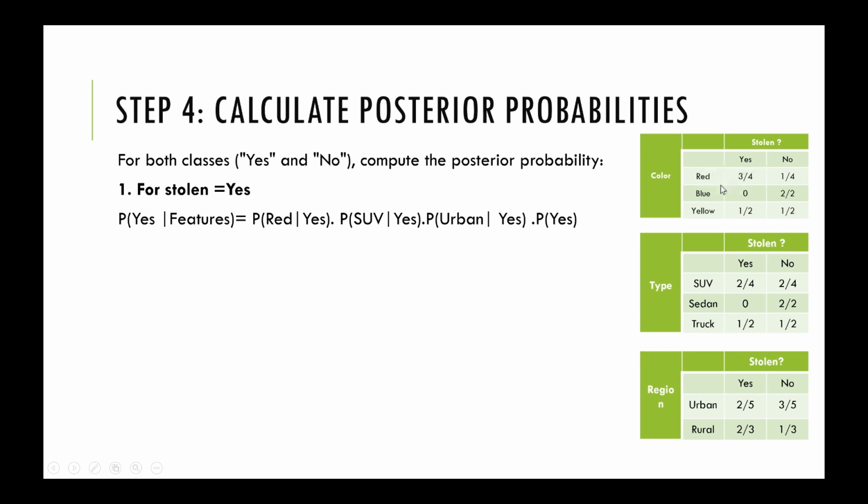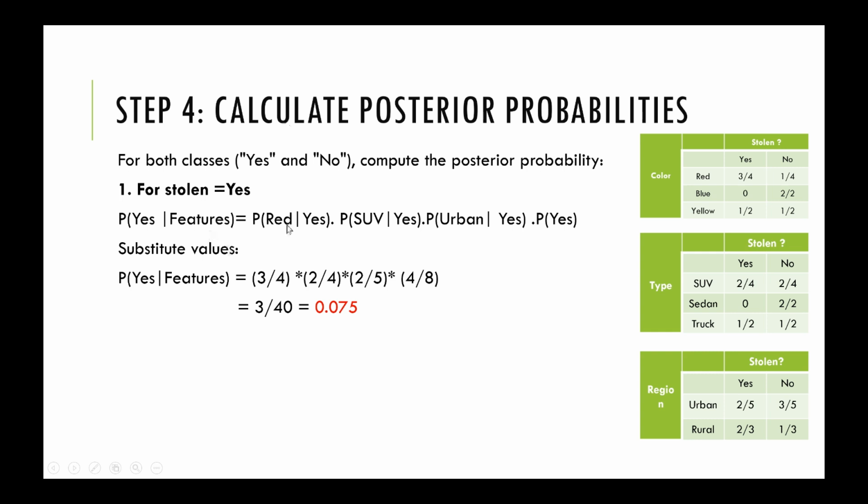The probability of red given Yes is 3 by 4. SUV given Yes is 2 by 4. Urban given Yes is 2 by 5. The total number of Yes is 4, and the total number of examples is 8, so P of Yes is 4 by 8.